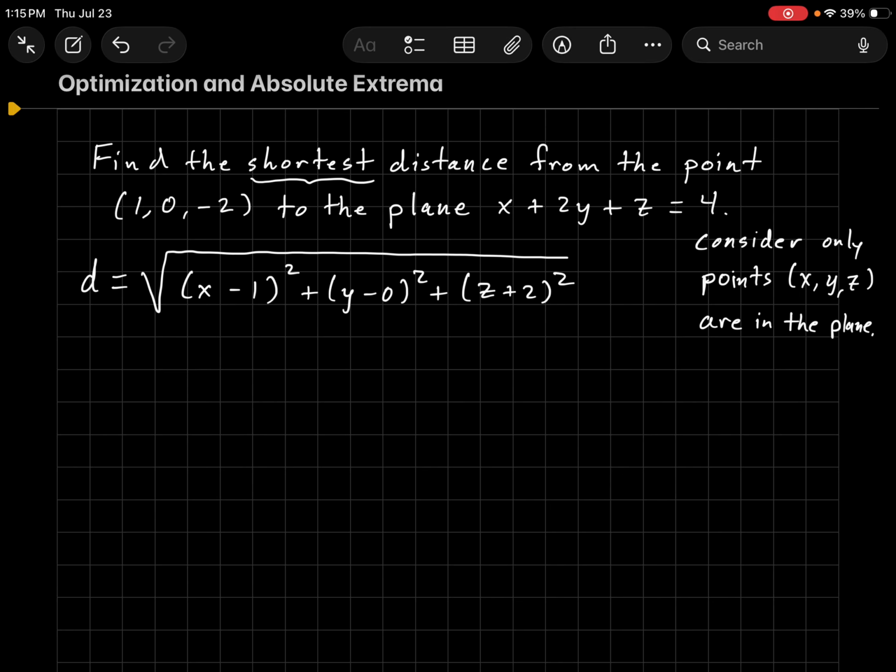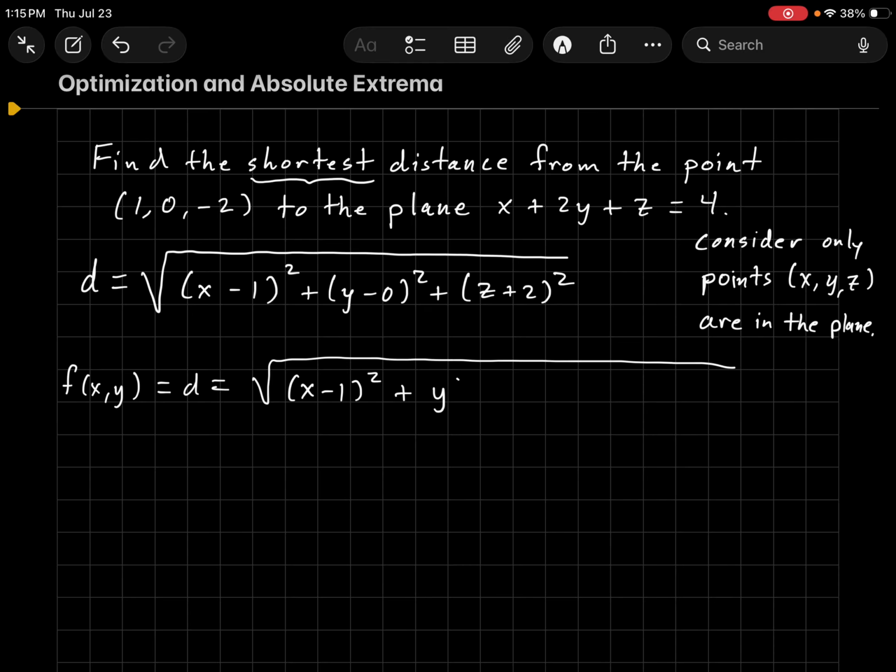But I'm going to change this slightly because I really want to have a function of x and y only. So I can rewrite this as (x - 1) squared plus y squared.